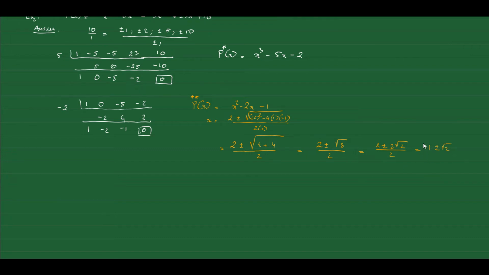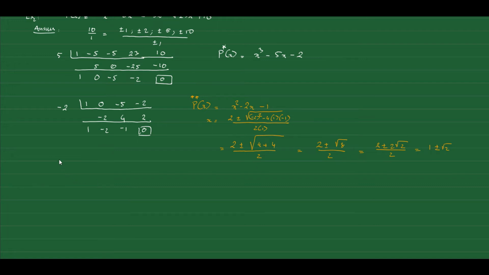Now what happened? This is a zero. This is not a rational zero, right? But it's still a zero. So this is still considered a zero, even though it's not rational.